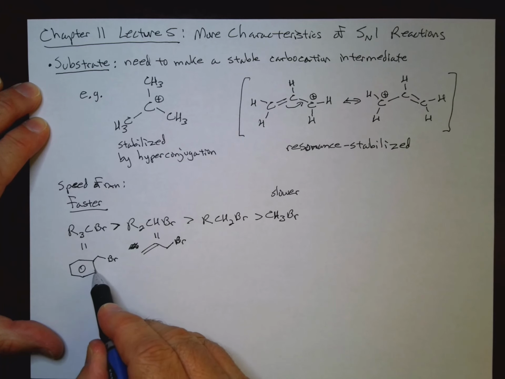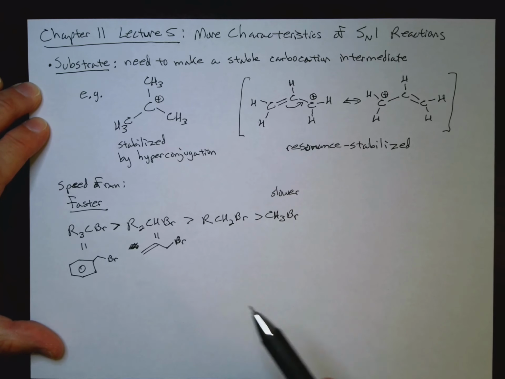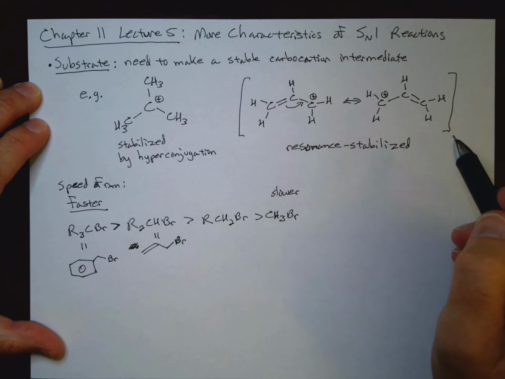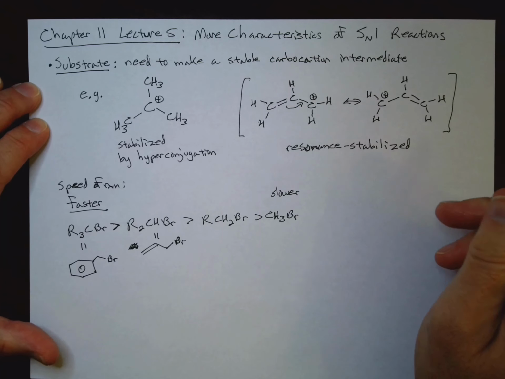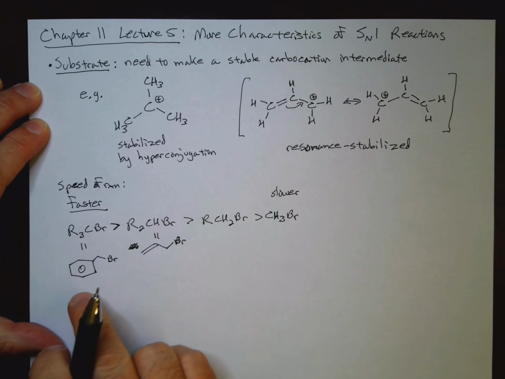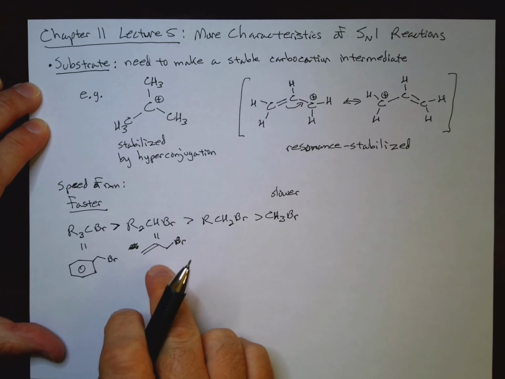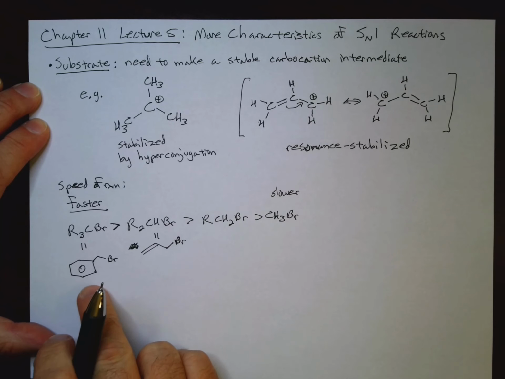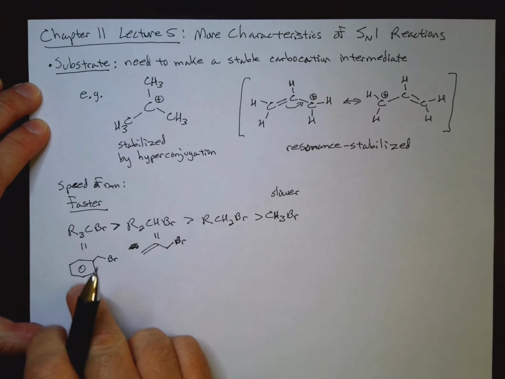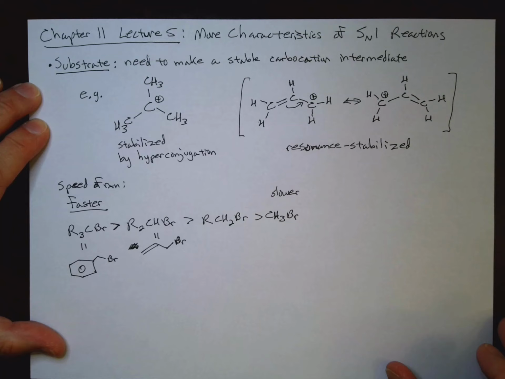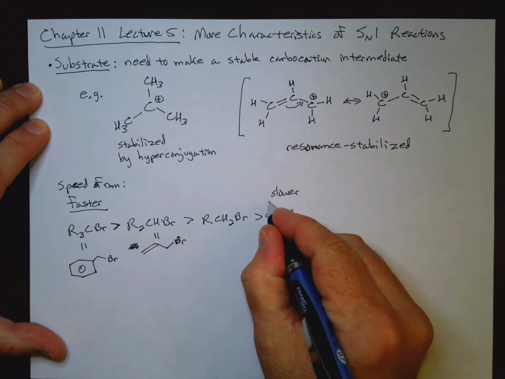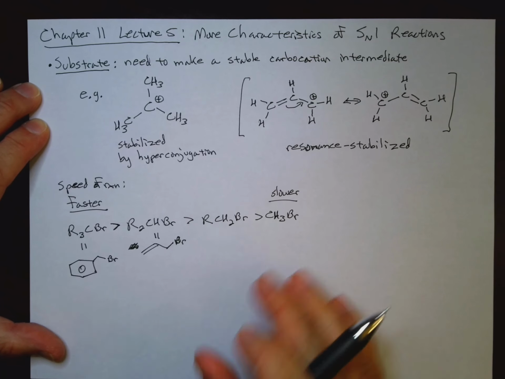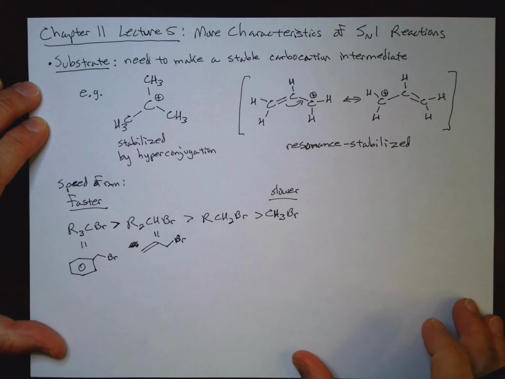And something like the benzyl halide would form a carbocation with about the same stability as a tertiary carbocation. And I know the text puts the benzyl with the allyl, but I've seen other texts where they have it with the tertiary. Notice this is the opposite order from what we saw with the SN2 reaction.